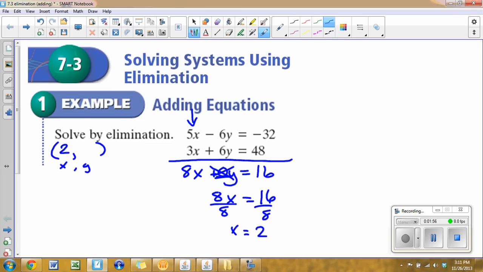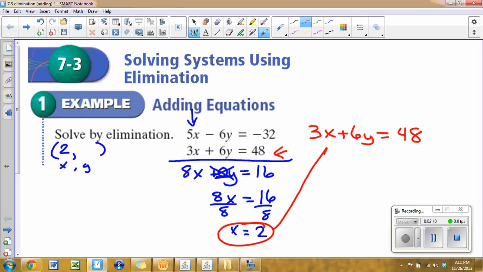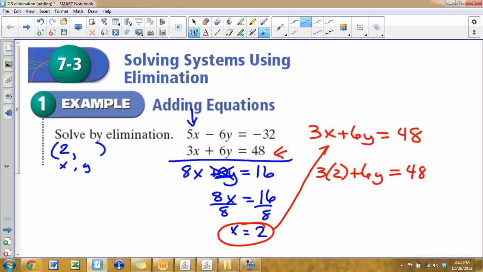So I'm going to have to go back to my equation, and it doesn't matter which one. I'm going to pick this one: 3x plus 6y equals 48. I'm going to take this 2 and plug it in for that x. So 3 times 2 plus 6y equals 48. 3 times 2 is 6.